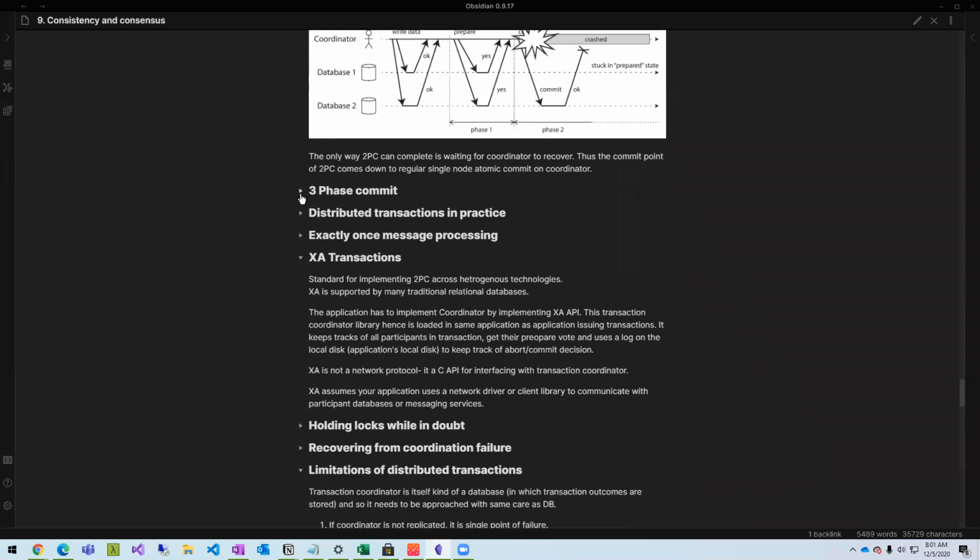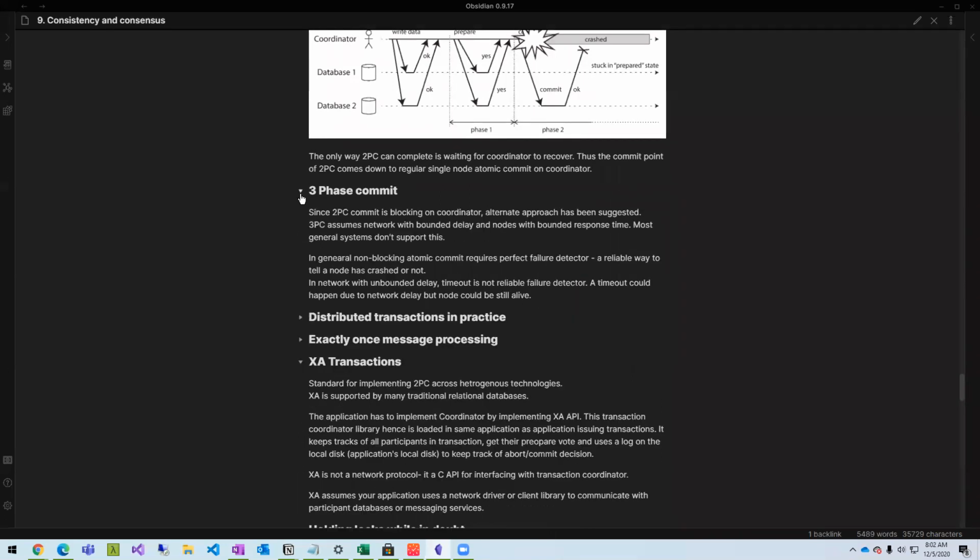One thing that was briefly mentioned in the book is three-phase commit. There were not many details mentioned about it, but they said that since two-phase commit is blocking on the coordinator, an alternate approach has been suggested, which is three-phase commit. But the problem with three-phase commit is it assumes that the network has bounded delay and the nodes have bounded response time.